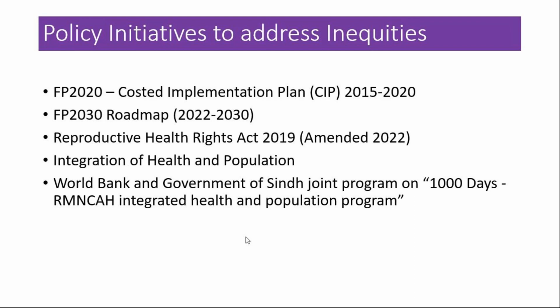And this is the RH Act, which talks about the mandatory services for the access of women to reproductive and sexual health services and contraception. And also this talks about the investigation of maternal mortalities, especially the causes of maternal mortalities, and we are using a WHO criteria for that.